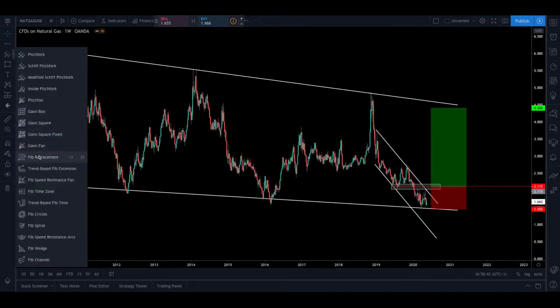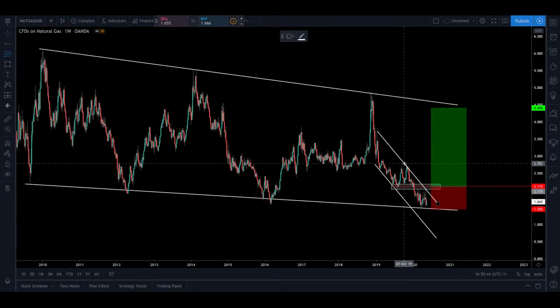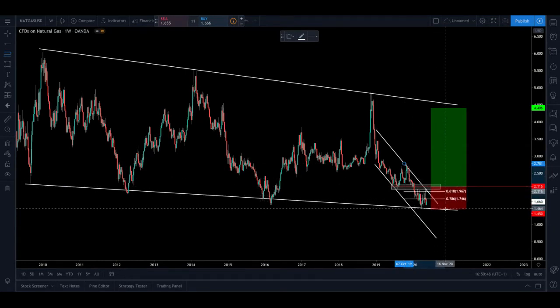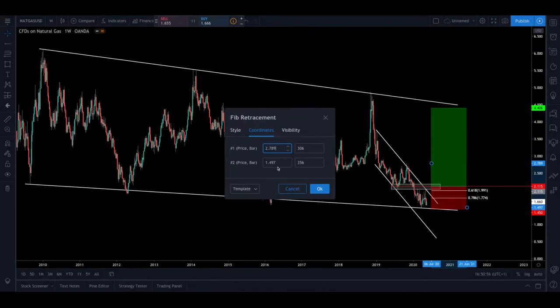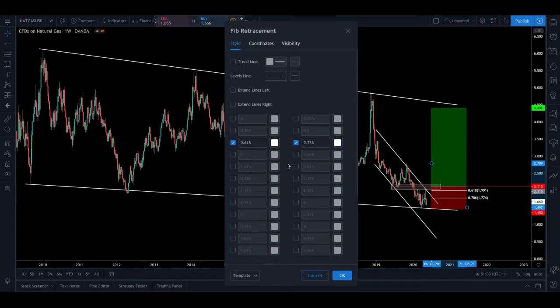But what we'll do here is get the 1.618 fib level, wherever it is. We'll do style and 1.618. My fib's the wrong way around.